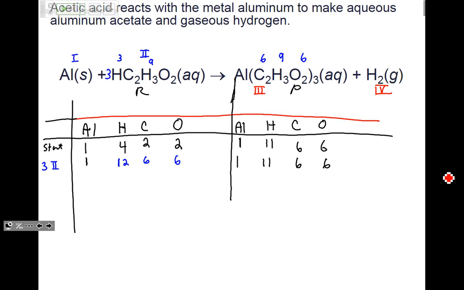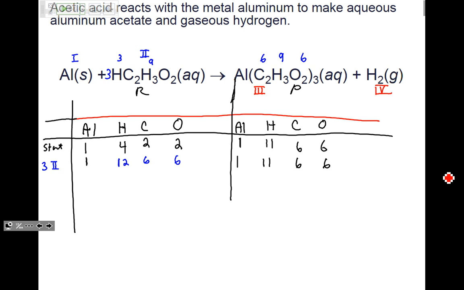If I had 3 total hydrogens in species 4, that would be 9, 10, 11, 12, right? Now, is there a whole number I can multiply H2 by to give me 3 hydrogens? Not a whole number, no. But I can multiply it by 3 over 2.